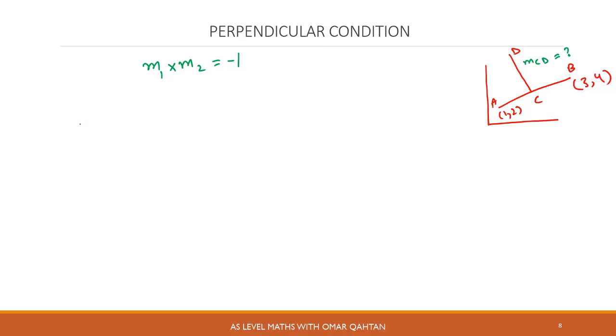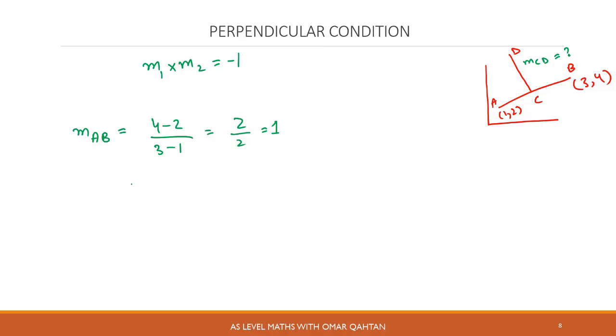The strategy would be to find the gradient of one line, and by using that gradient find the gradient of the other line. Let's see how we do it. So M of AB will be 4 minus 2 upon 3 minus 1. So 2 upon 2 is equal to 1.